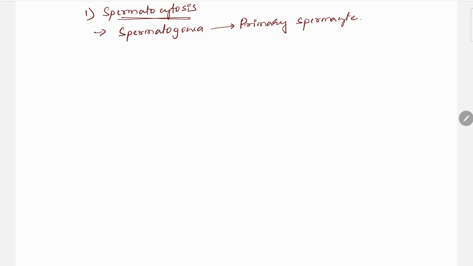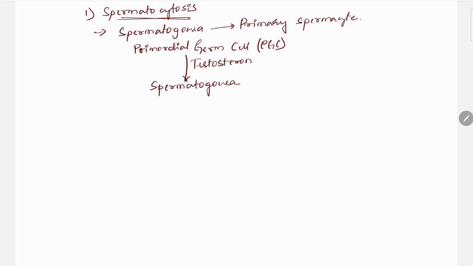So what happens here? This primordial germ cell, which we call PGC, testosterone will act on it and form spermatogonia, which is called type A dark.